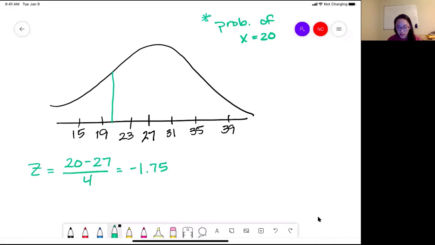So 20 is our starting point. Oh, left. Yes, Bree, you are correct. My z-score table is going to give me that. Can somebody look up what the probability is under the curve for negative 1.75?